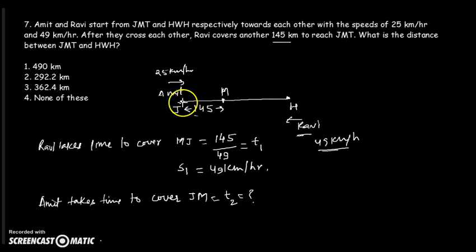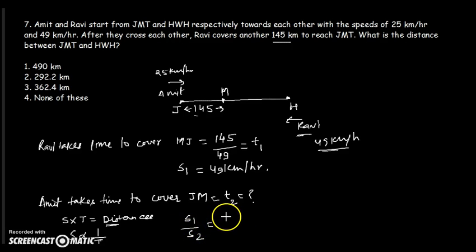As you realize from the expression S into T is equal to distance, because there is no second formula but only this one. Since the distance is constant, 145 km is constant, the product of speed and time will be constant, which also means that speed is inversely proportional to time. So if you write S1 by S2, you should write T2 by T1. S1 is Ravi's speed, which is 49.